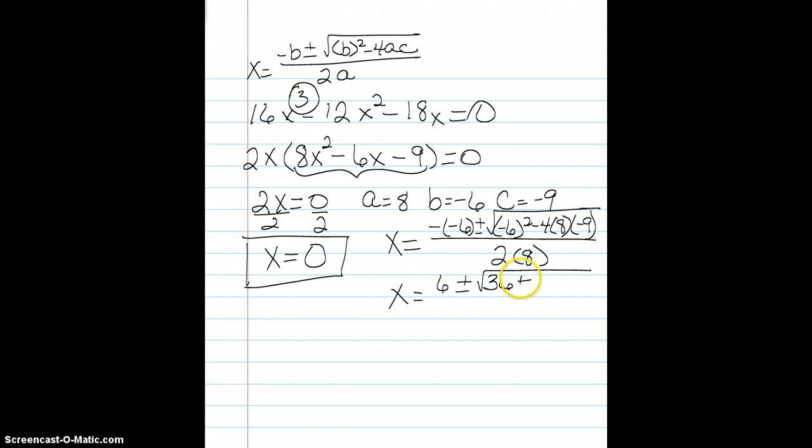Because I had two negatives, I'm going to wind up with positive 288 divided by 16, and x is going to be 6 plus or minus the square root of 324 over 16.